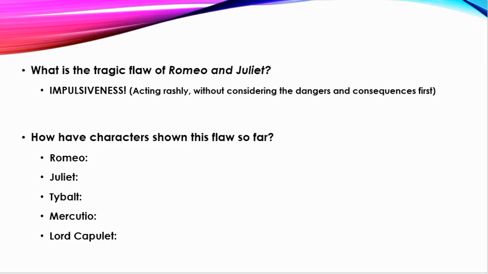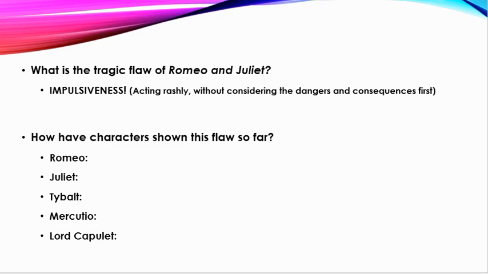On the board you see the names Romeo, Juliet, Tybalt, and Mercutio, and Lord Capulet. The first 4 characters, Romeo, Juliet, Tybalt, and Mercutio, have all died because of this flaw of impulsiveness. Lord Capulet doesn't die, but he makes decisions and hurts his daughter Juliet, being impulsive and angry at her, that lead her to flee and take a potion, which leads to her death.